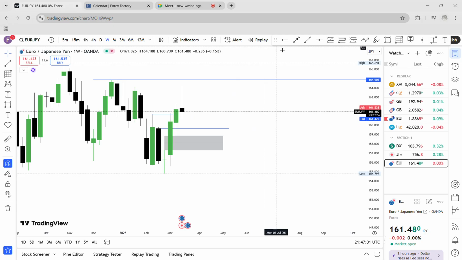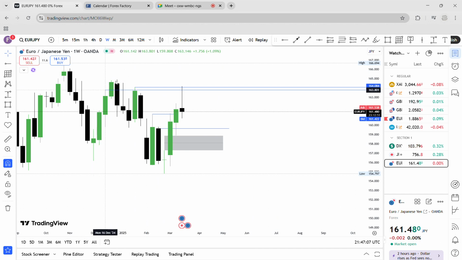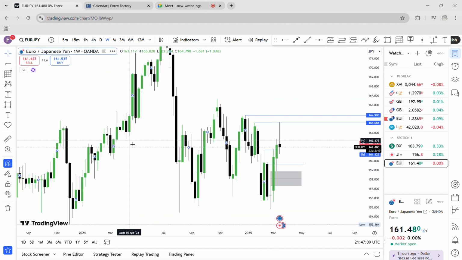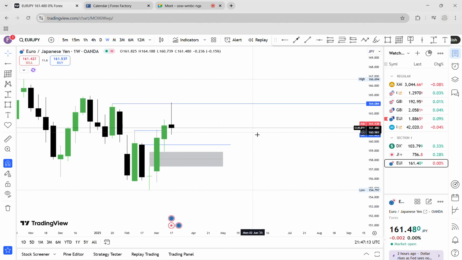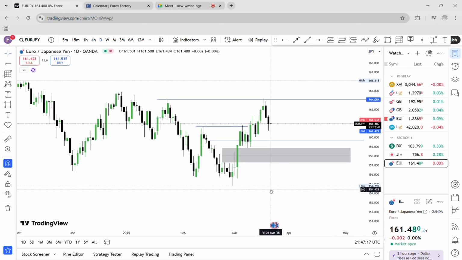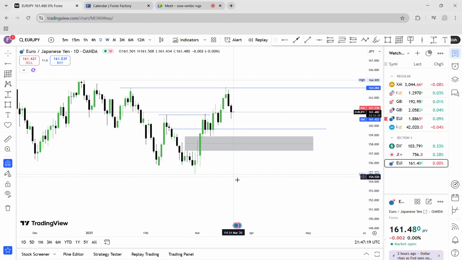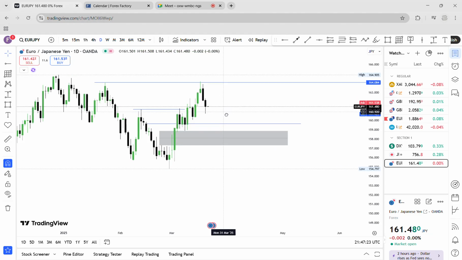We have a liquidity run of this high as well, liquidity run of that high, and this is the weekly time frame. And right here we have this area.